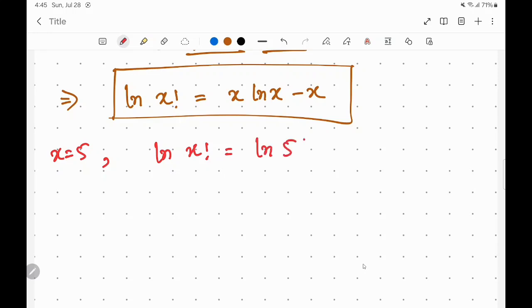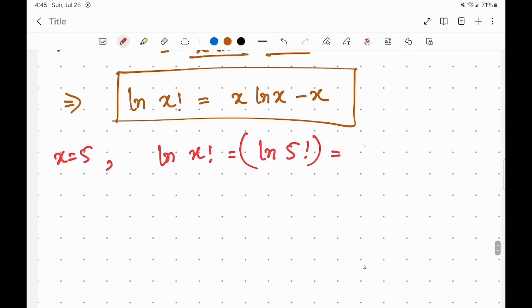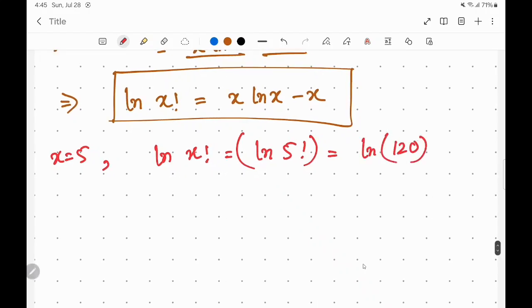The original value will be ln 5 factorial. 5 factorial means 5 into 4 into 3 into 2 into 1, which is 120. So ln 120, what is its value? If you have a calculator, because I don't have one, I have to use your phone. ln 120 is 2.484.